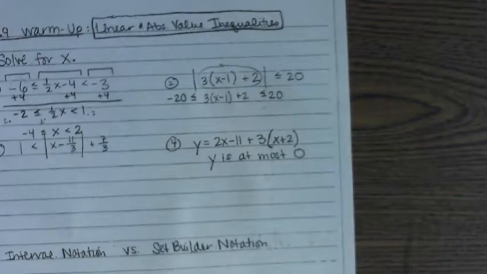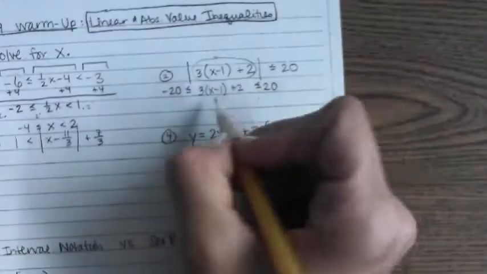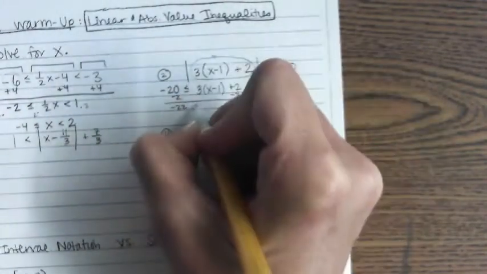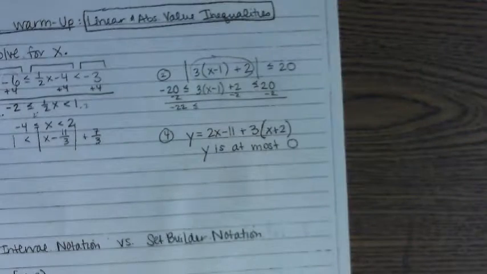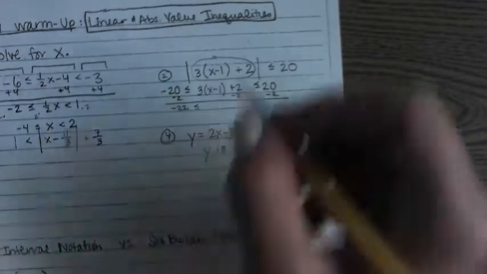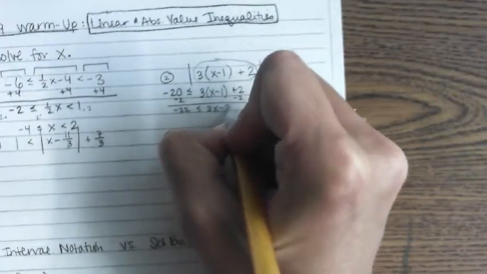So that expression has to be between -20 and 20. And then I'm going to solve, so I'm going to subtract my 2. So -22. I'm going to distribute the 3 at the same time.